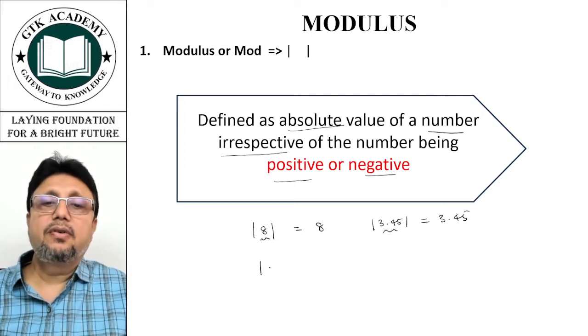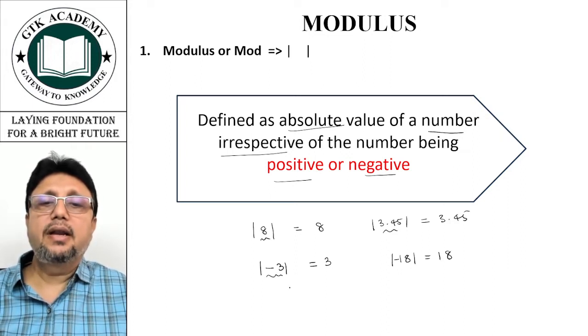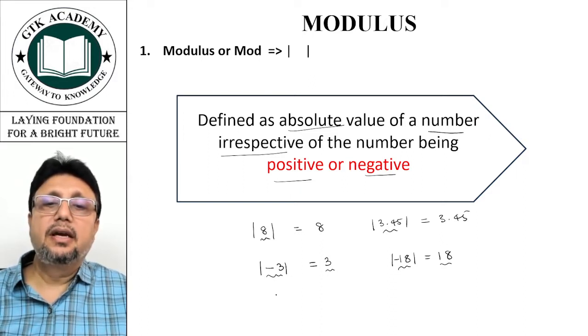Now, suppose we have minus 3, the mod of minus 3 will be 3. We have mod of minus 18, it will be 18. So here the number is minus 3 and mod is 3. Here the number is minus 18 and mod is 18. So what we have done to minus 3 is that it has become plus 3.